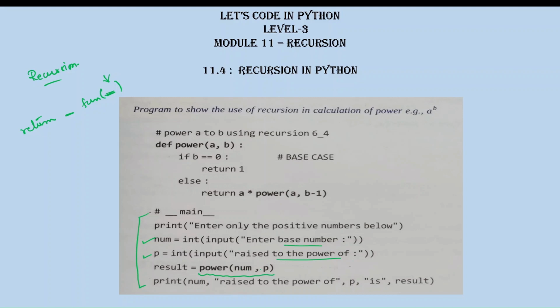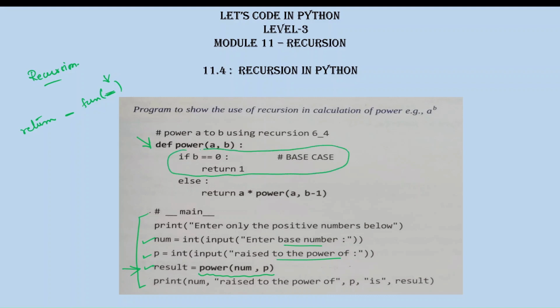You are passing num comma P and getting the result in the variable result. The moment this particular line is read, the control is sent to the function definition part. This is the function definition part. Here you have your base case.